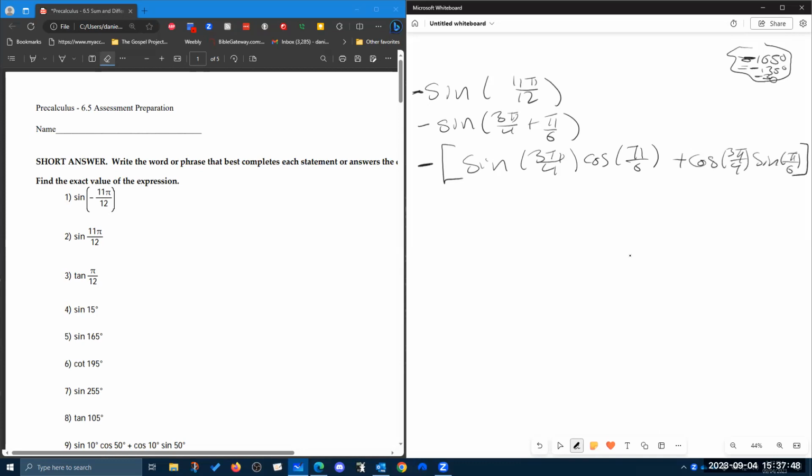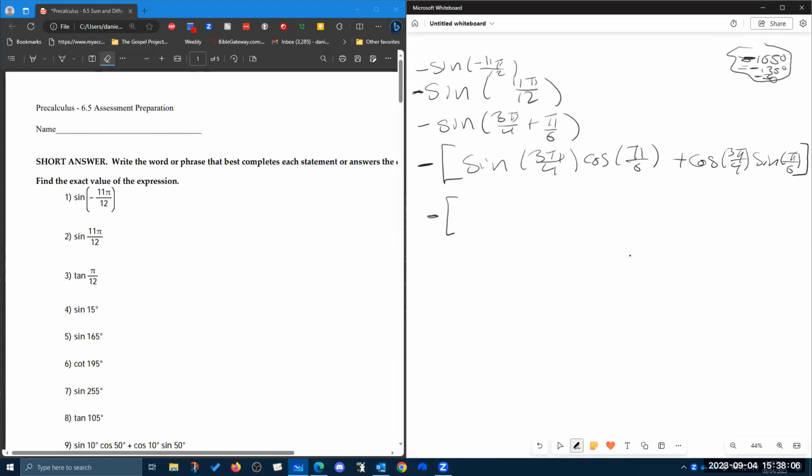And I just have a negative on the outside because I used the even odd identity to pull that negative out from inside. This is going to help me answer number 2 as well.